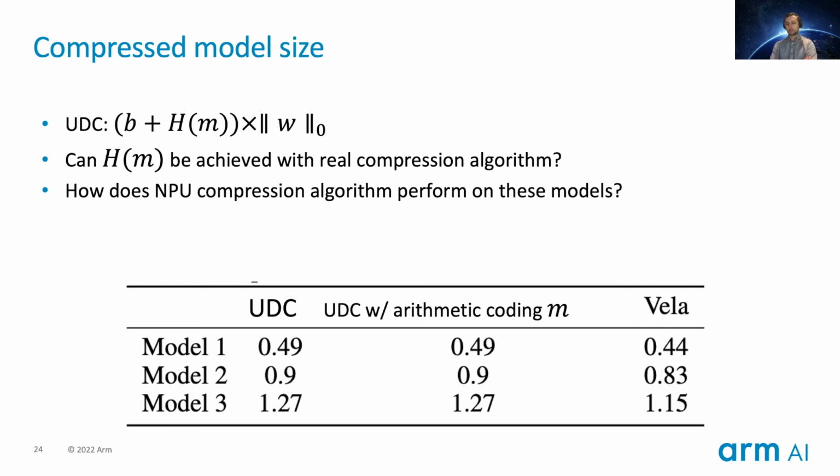I imagine they do something similar, but I know the one unique thing about Vela is that it compresses models in its very specific way that can then be decompressed during inference by the hardware. So that might be one difference.